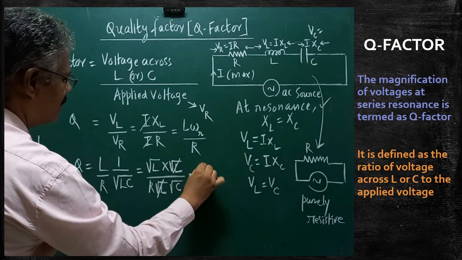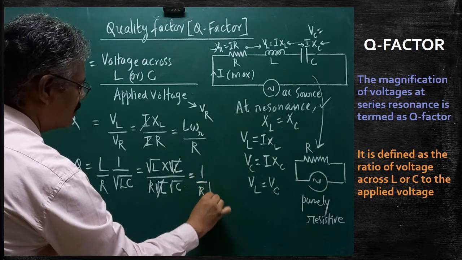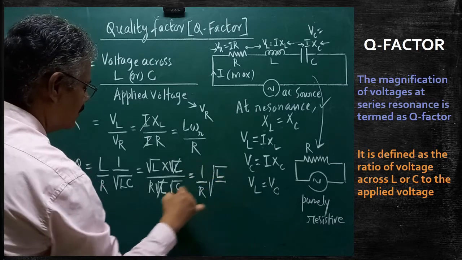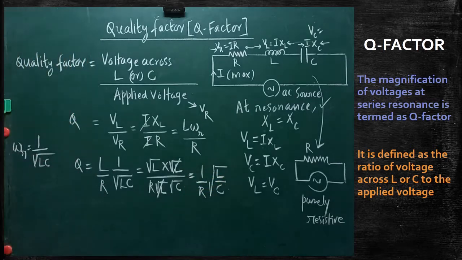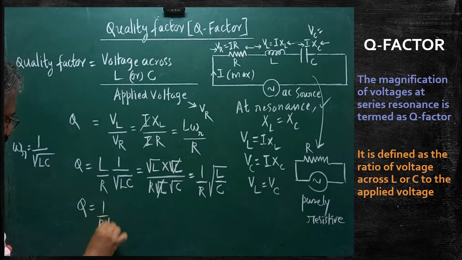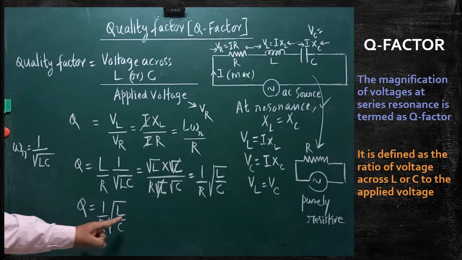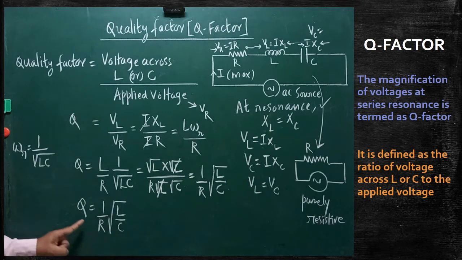So what is the remaining thing? 1 by R square root of, here one L is there, one C is there, both can be written within the single square root. So finally the formula will be equal to 1 by R square root of L by C. So by knowing the values of L, C and R, we are able to calculate the Q factor. It's a mere number, it does not have any unit.